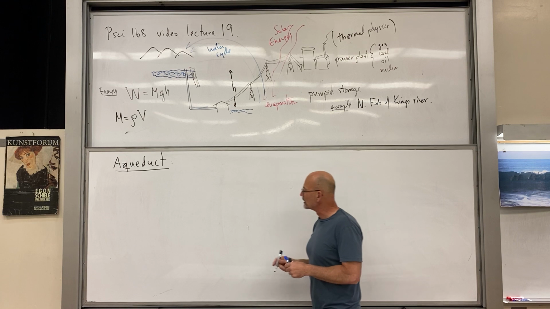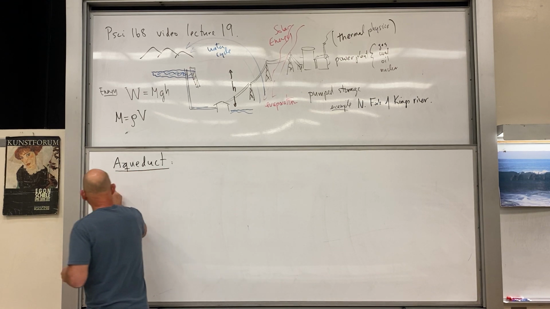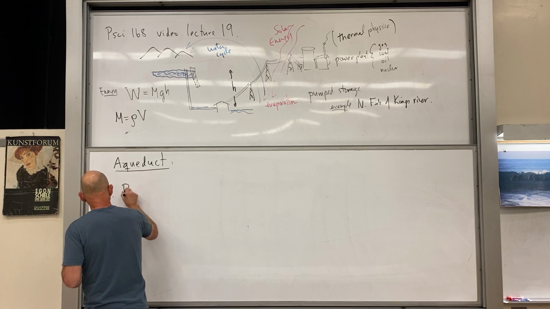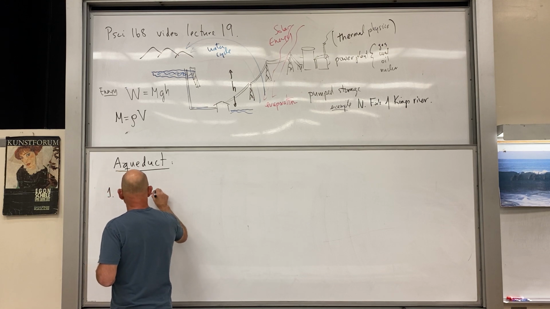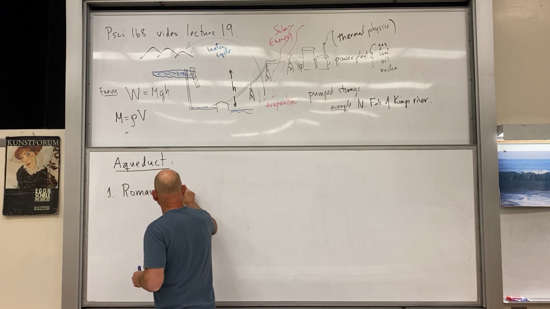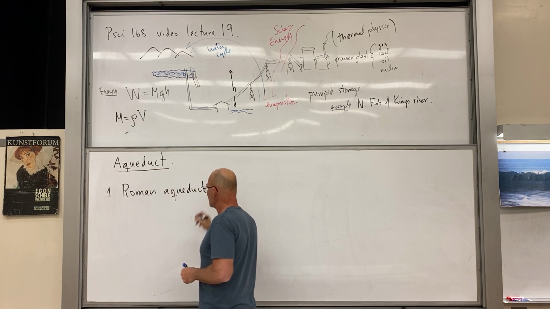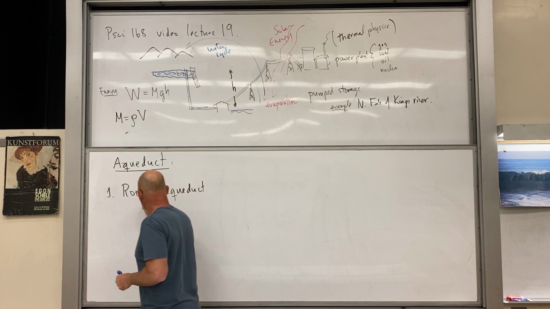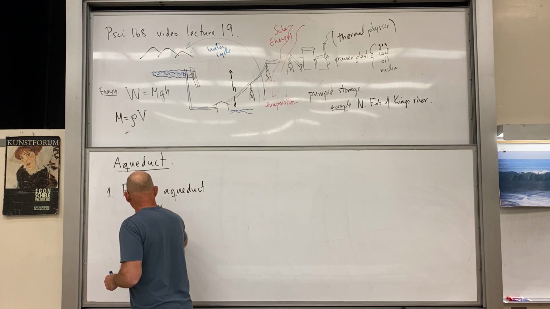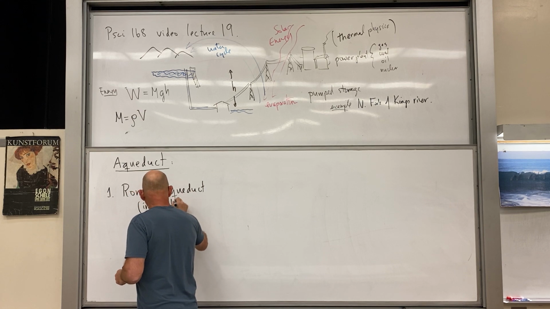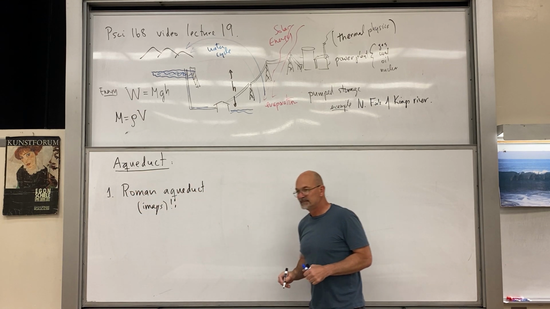Here's what I want you guys to look up. First of all, the Roman aqueduct. And of course we want images. Okay. We want images, and if you look this up, you'll be amazed.